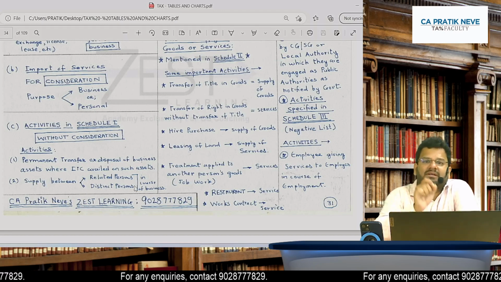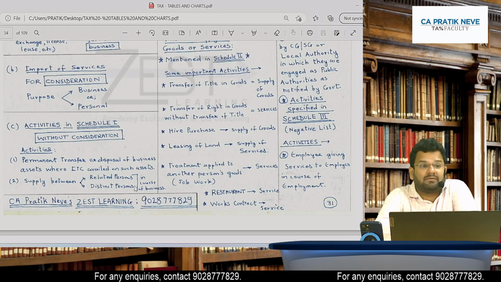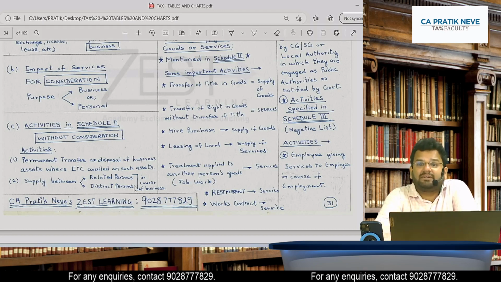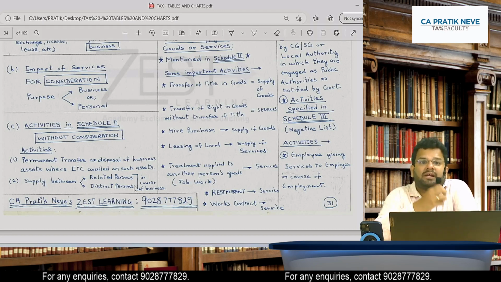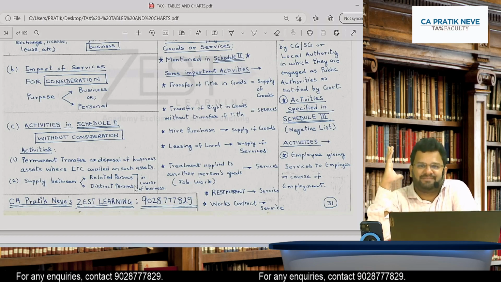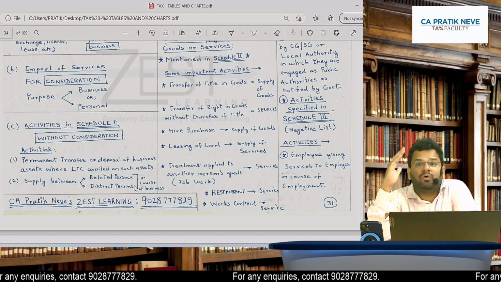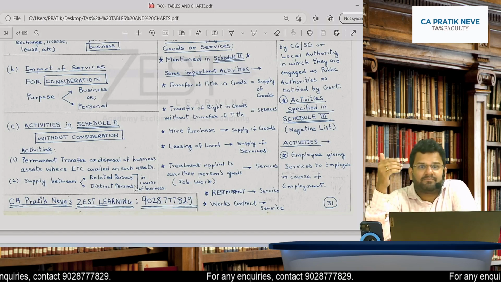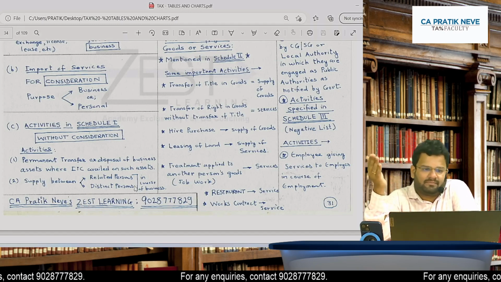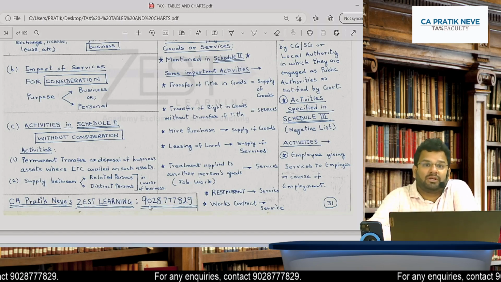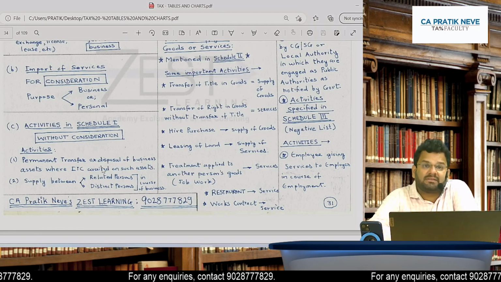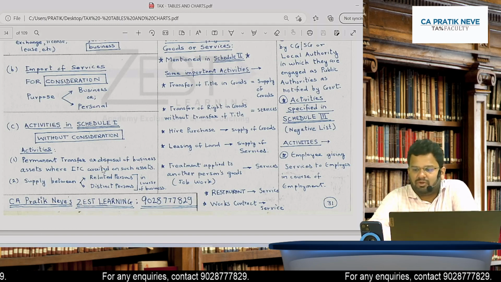So basically what is the first activity? A fixed asset which you have purchased, and on that fixed asset you have claimed ITC, and now you are donating that fixed asset. So even that type of donation will be called as supply. Do you agree with me?